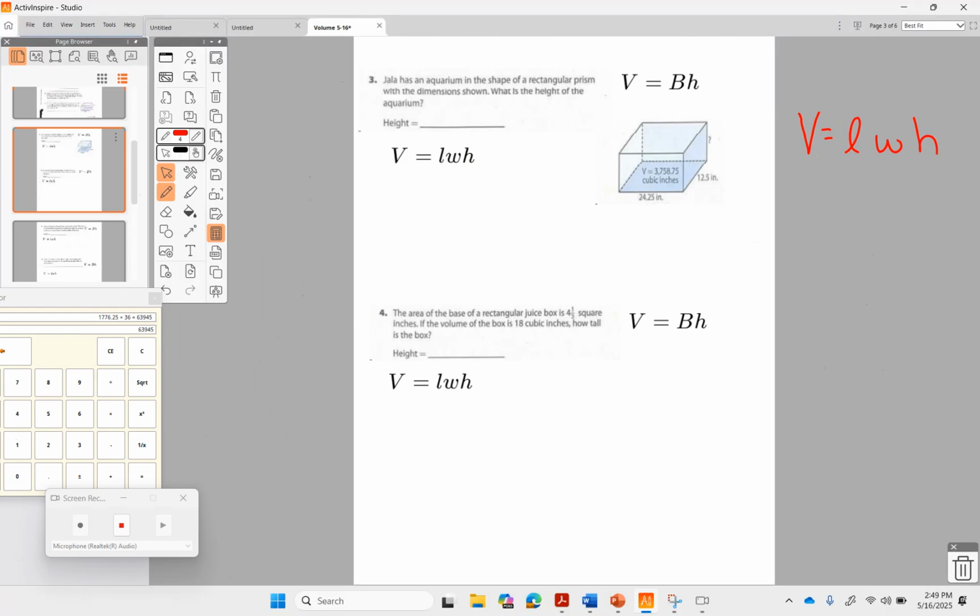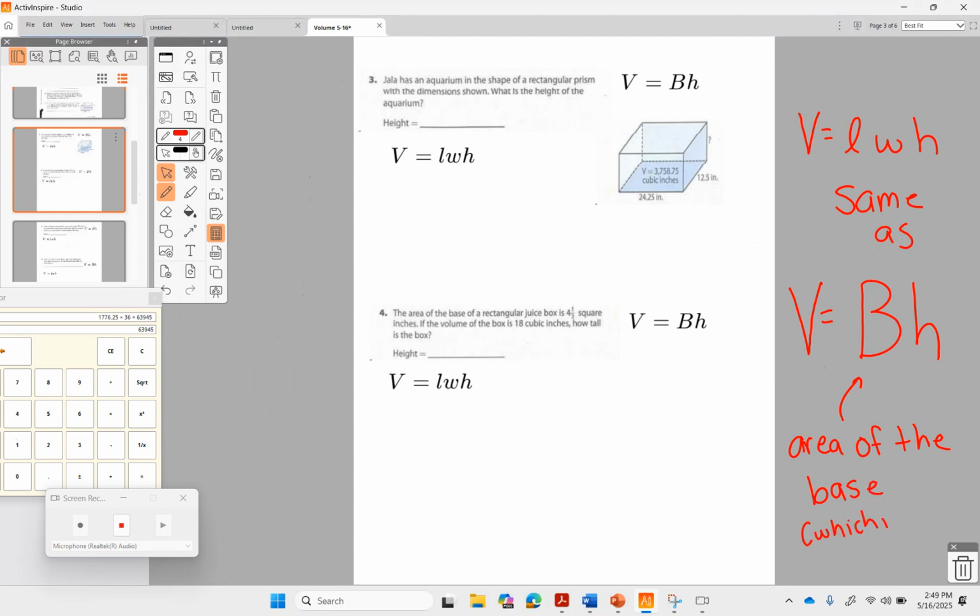You need to explain to me that's the same as volume equals capital B times H, because capital B is the area of the base, which is length times width.